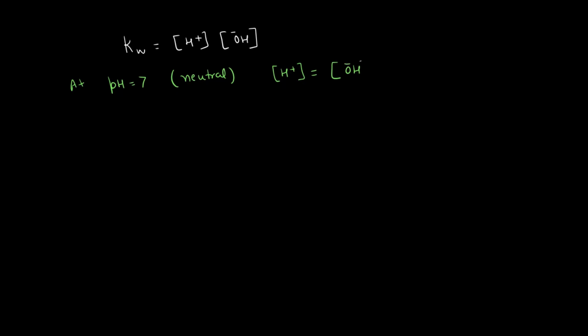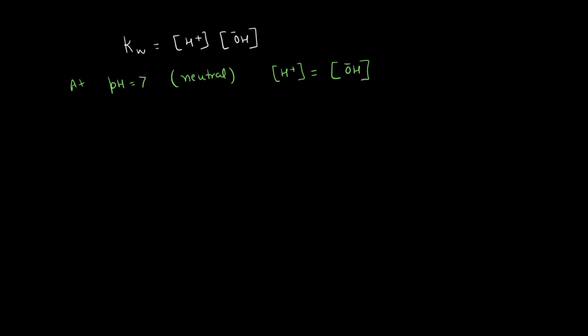Okay, so we saw that Kw equals H+ ion concentration multiplied by OH- ion concentration. Now at pH equals 7, it means our solution is neutral, and at this pH, H+ ion concentration is equal to OH- ion concentration.